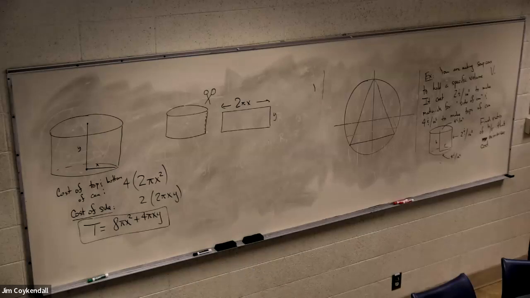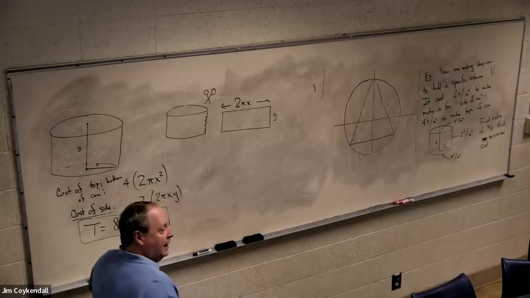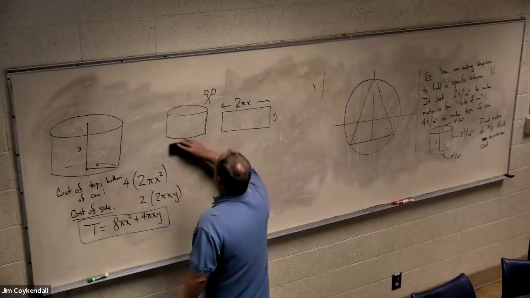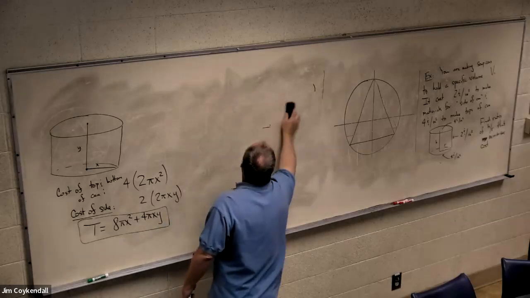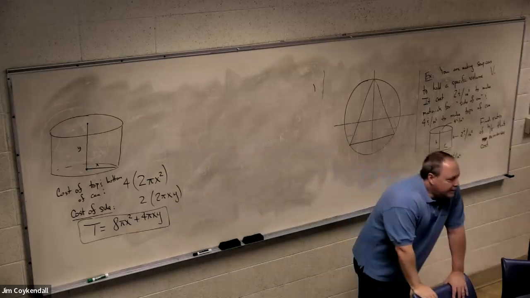Now, what problem do I see that seems to always rear its head? Too many variables. I need to get rid of one of those variables. There's another piece of information in this problem. Anybody figure it out?